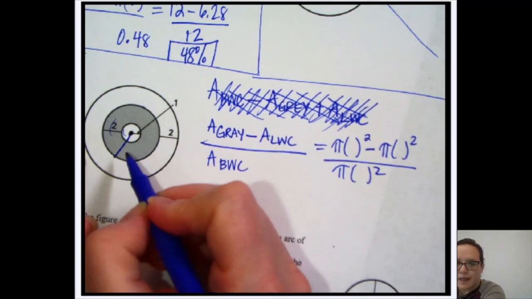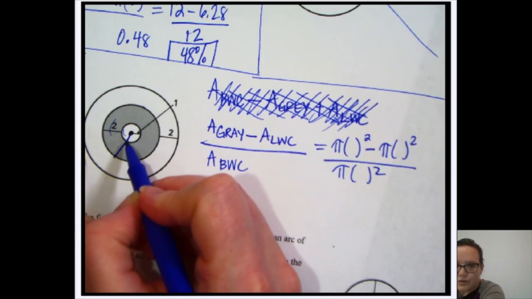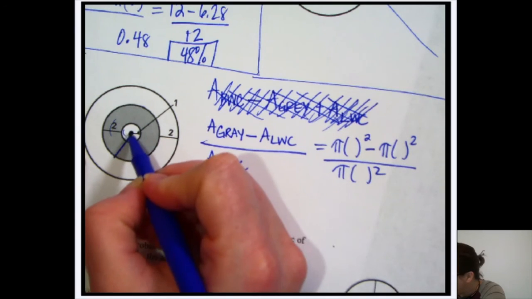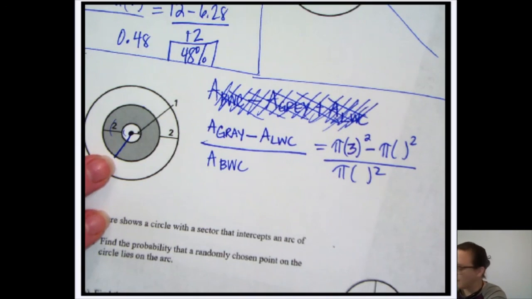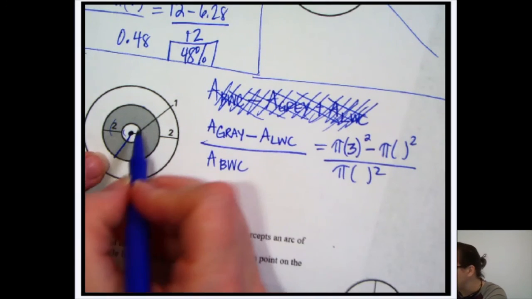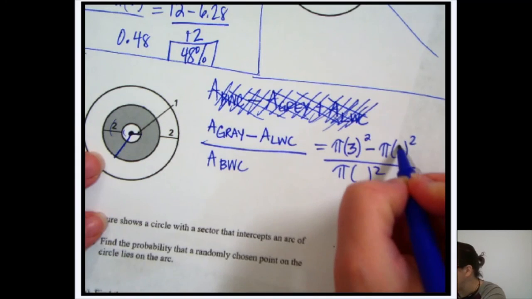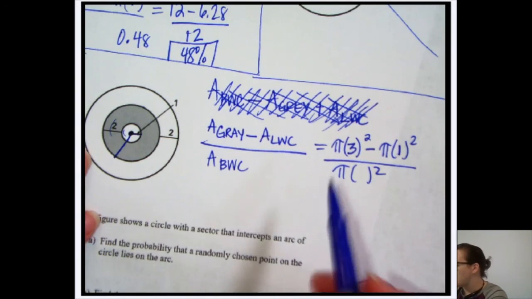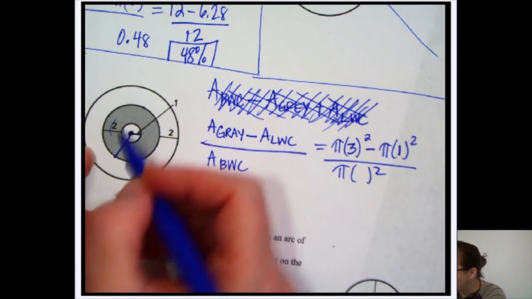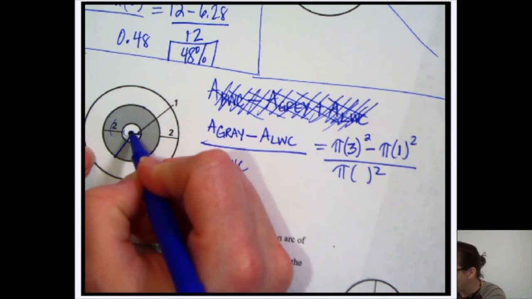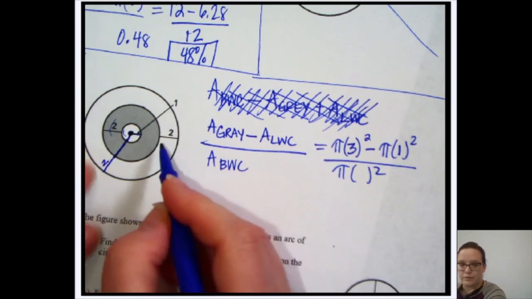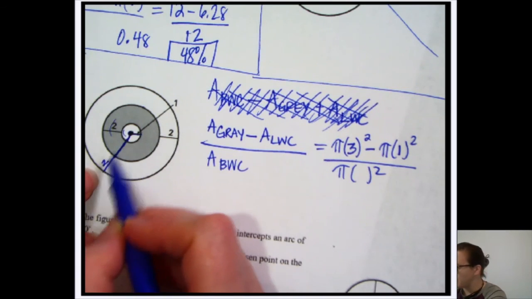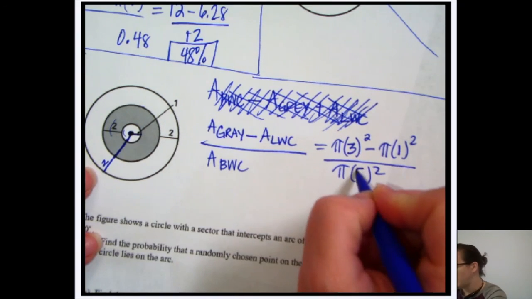This part is 2, but then we also have the little white one, so from the center to the gray outside is 3. And then minus the little circle, which has a radius of 1. And then the big circle has 1, 2, and then another 2. So 2 plus 2 is 4, plus 1 is 5.